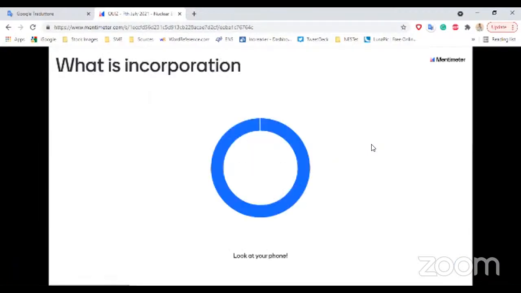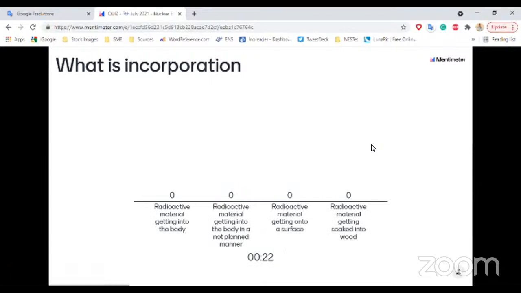Question number 4. What is incorporation? Radioactive material getting into the body, radioactive material getting into the body in a not planned manner, radioactive material getting onto the surface, or radioactive material getting soaked into wood.